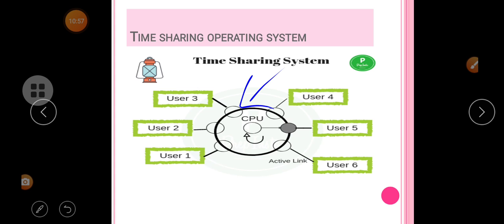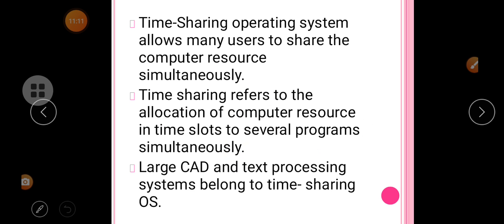User 1 is accessing the same CPU resources which are available, user 2 is accessing the same resources, user 3 is also accessing the same resources, same as it is for all the other users. So what does it mean? Time sharing operating systems allow many users to share the computer resources simultaneously.